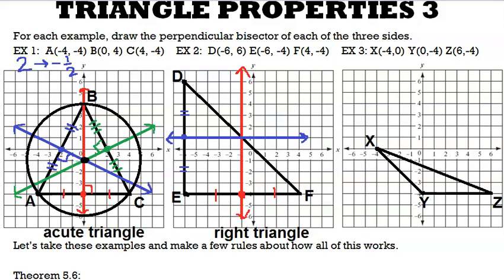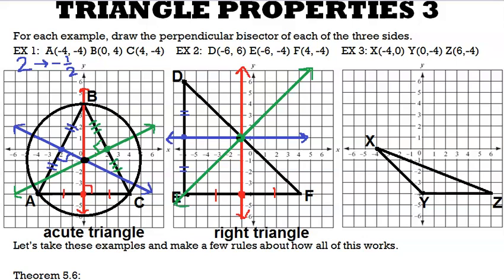So I am going to start on the third midpoint, which is going to be right here, and then I'm going to go up 1 over 1 from there. Now, again, if you just rotate your paper instead, you'll get the same results, and that would be totally fine. Obviously, that didn't really cut through our triangle very well, so instead of going up and to the right, I'm going to go down and to the left, and I have my third perpendicular bisector.